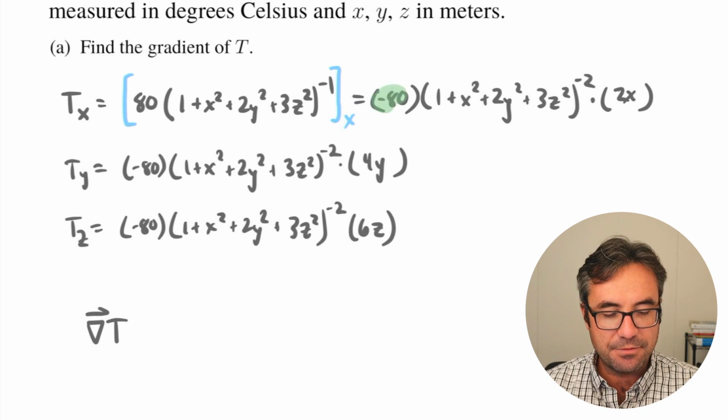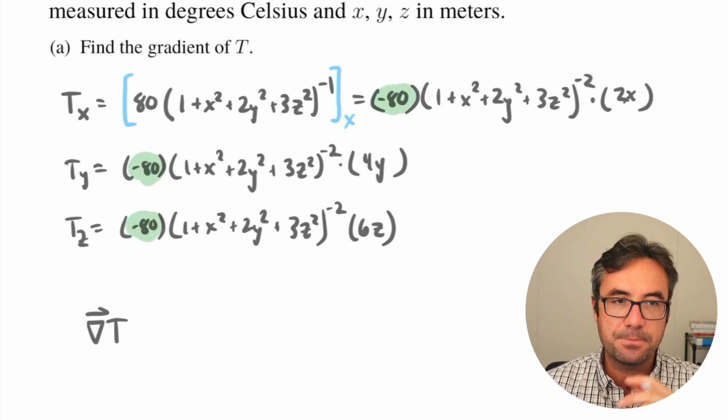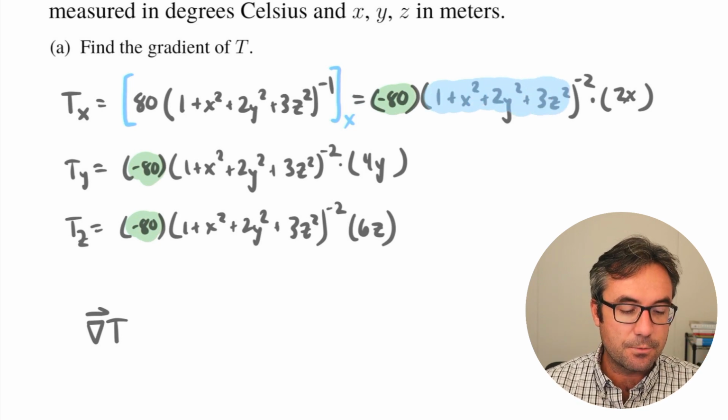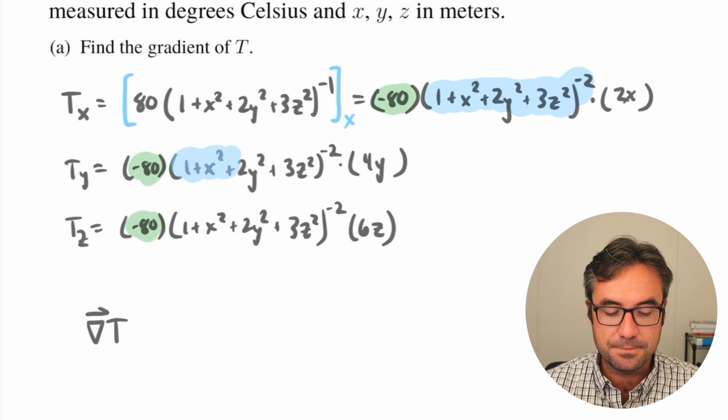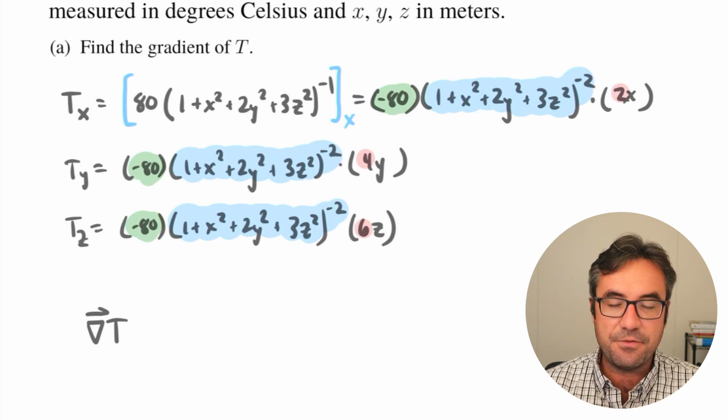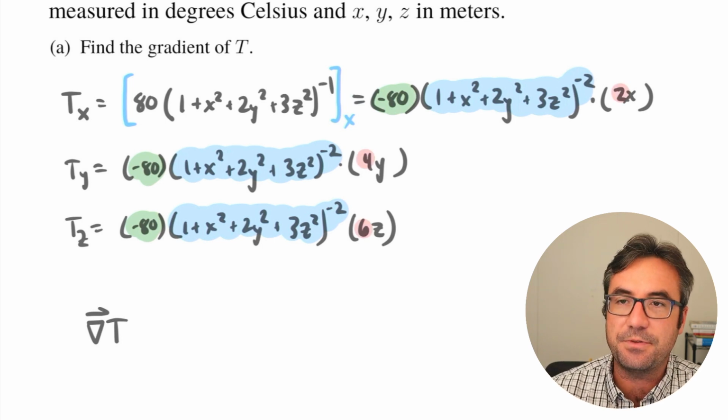All of them have this negative 80 in front, so we're going to be able to factor that out. All of them have this raised to the negative 2 function, so we're going to be able to factor that out. And then actually, all of them have a factor of 2 that we'll be able to factor out as well.